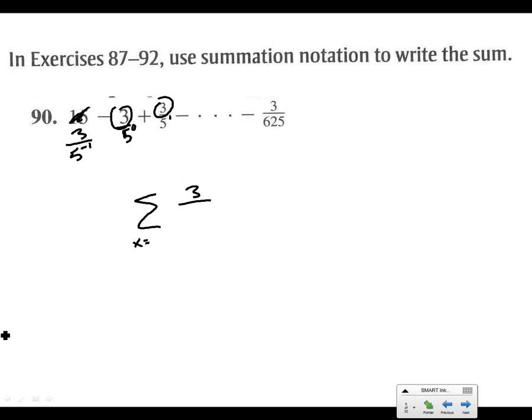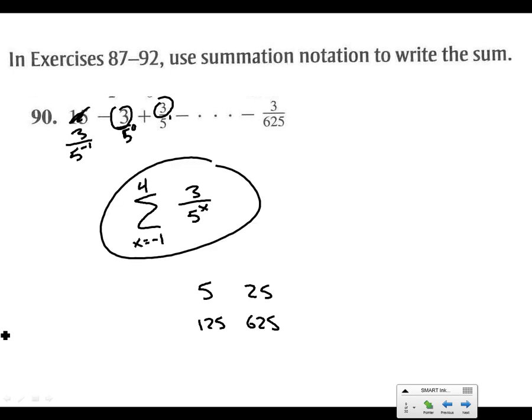All right, so we're going to say 3 over 5 to the x, and we want to start with negative 1, and we want to keep going until 6/25, which is 5 to the 5, 25, 125, 625, 5 to the 4th power. So that would be our summation notation for this sum.